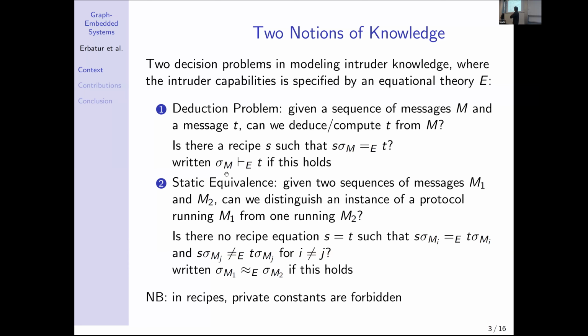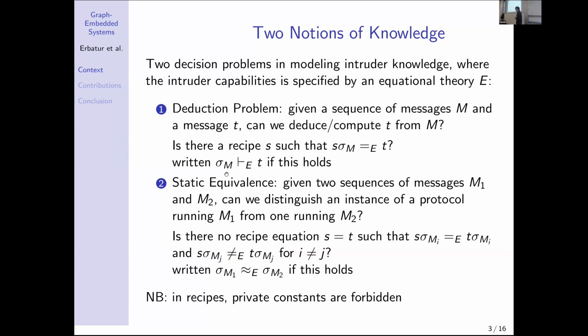Okay? And so this is a kind of matching problem, except that here what is given is a substitution, and we want to determine a context. So in some sense, it's about context matching. And so this is what we call the deduction problem.